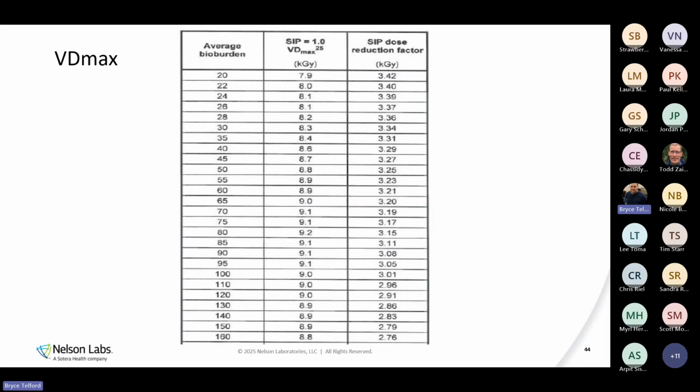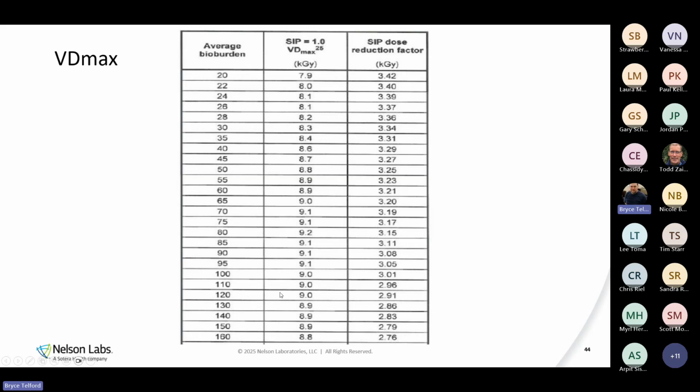If my recovery efficiency is low, so let's say, and I'm going to make the math very simple for us, I have a bioburden count of 100 and a recovery efficiency that's high, say 95%. That gives us a bioburden estimate that's pretty close to 100. So I get basically a dose of 9-ish kilogray.